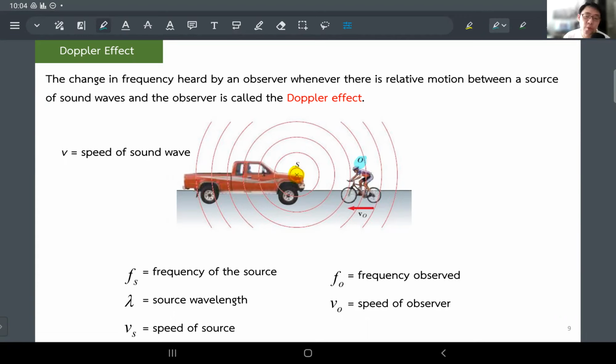And you have heard of this one, like every time an ambulance passes you by, and you hear the sound of the sirens changing pitch. That is the Doppler effect. Or you have a super fast motorcycle, or you're watching an F1 broadcast, and there are cars or motorcycles just zooming in and zooming away from you.